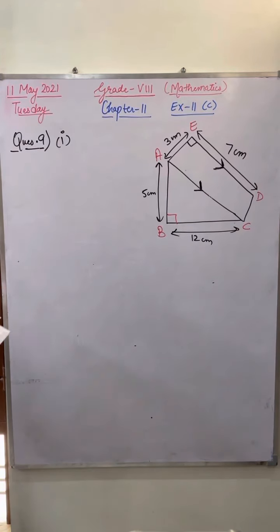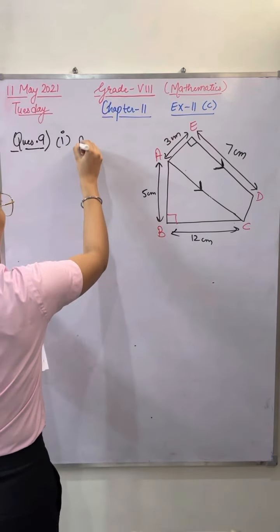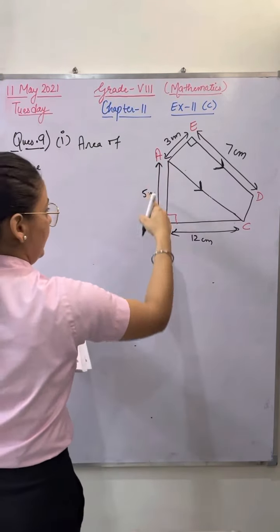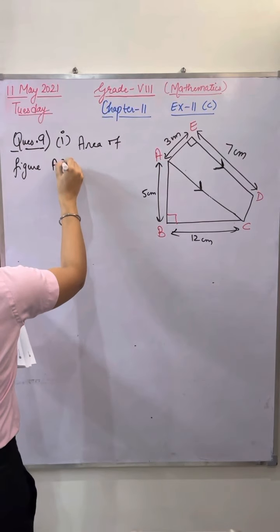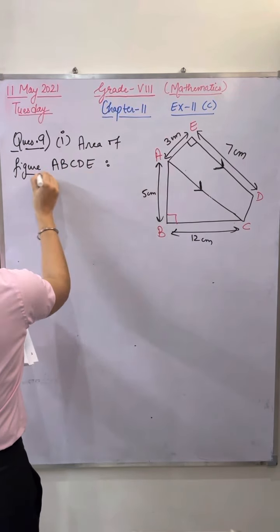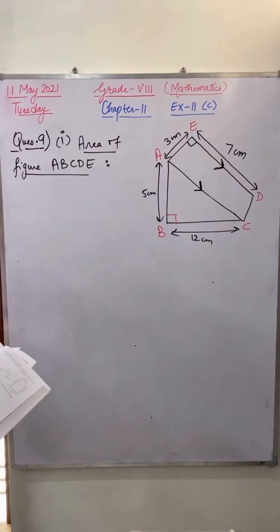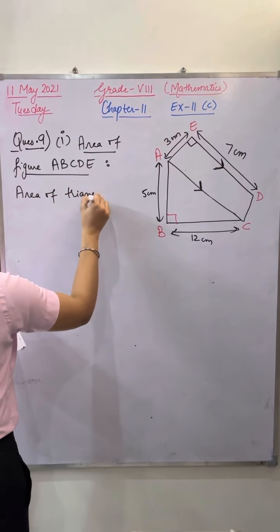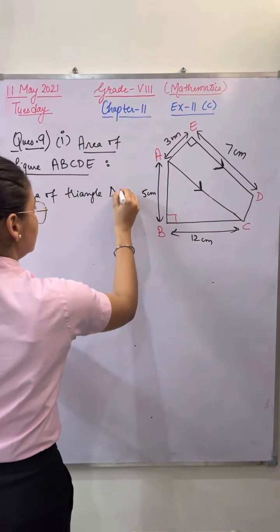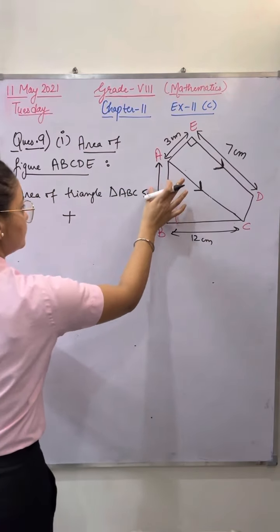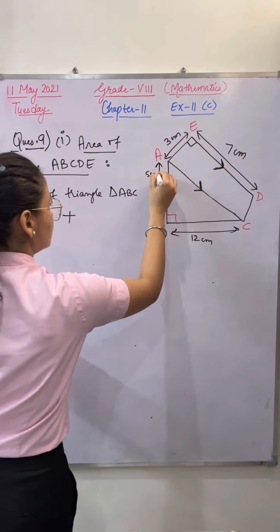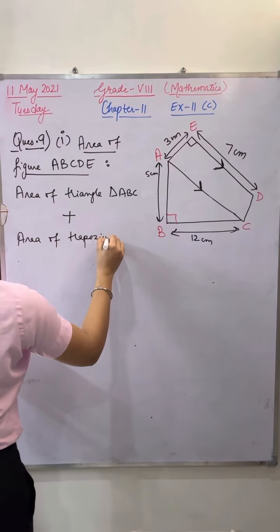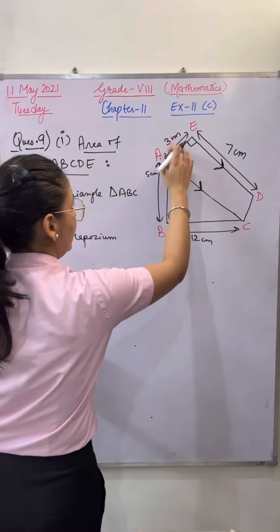So, I'm writing here area of figure A, B, C, D, E. I'm going to split the complete diagram into 2 parts. That is area of triangle ABC, plus area of trapezium AEDC.